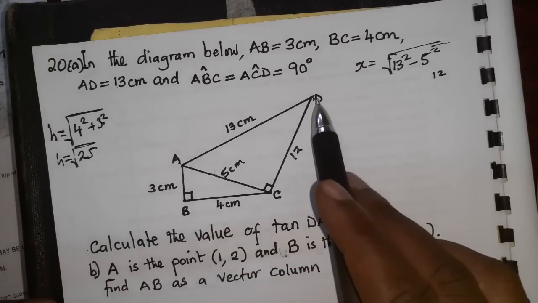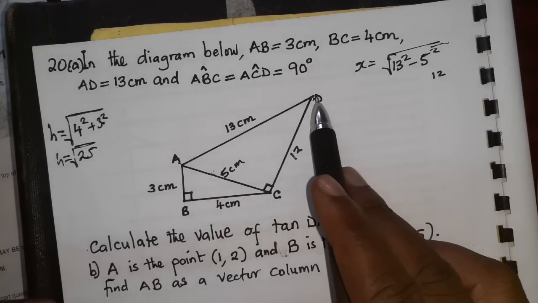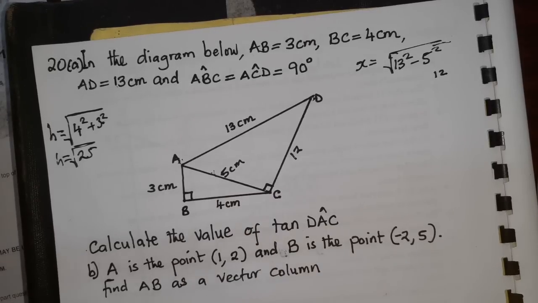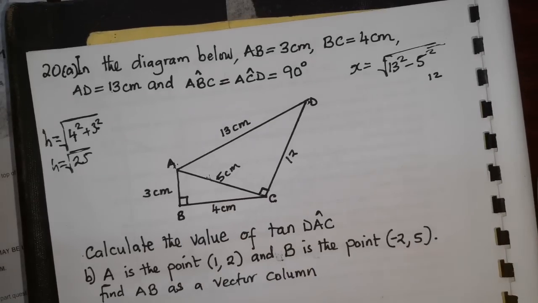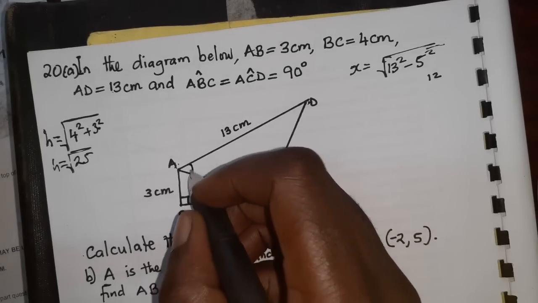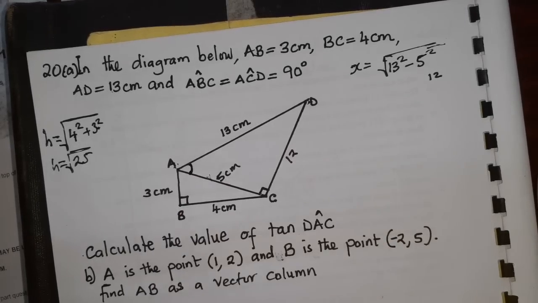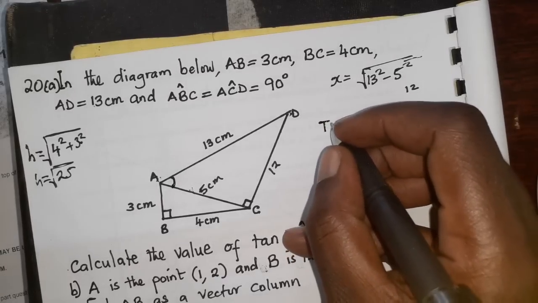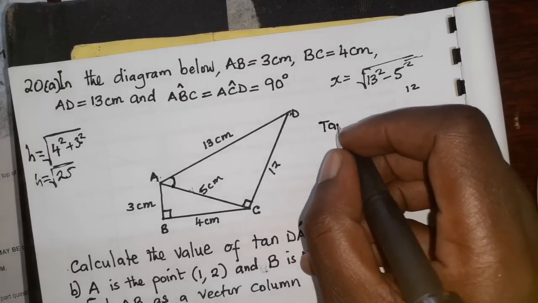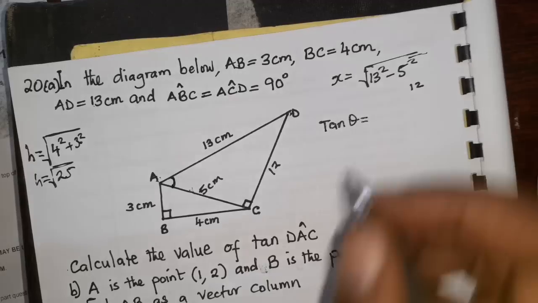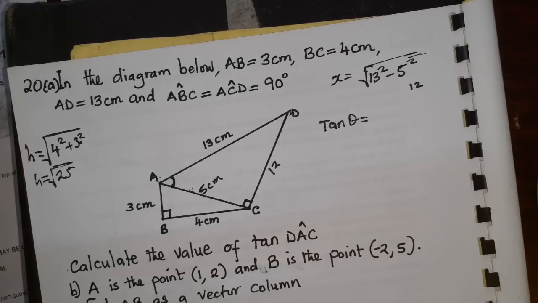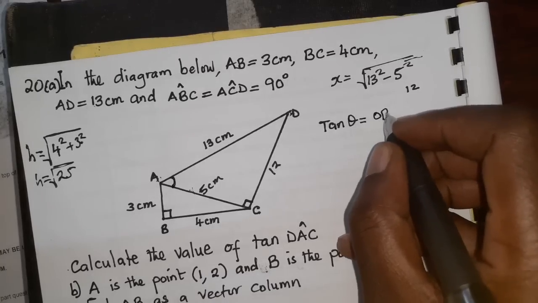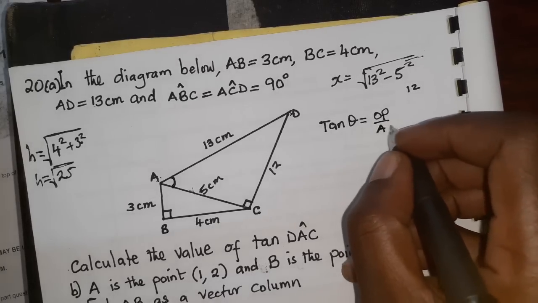Now, the most important thing for us is first of all to know that tan theta is equal to what? Tan theta is equal to opposite over adjacent.